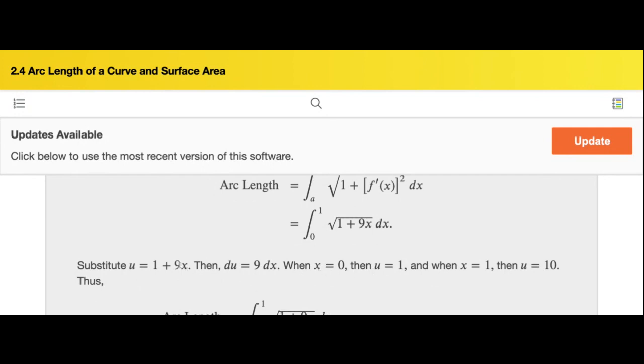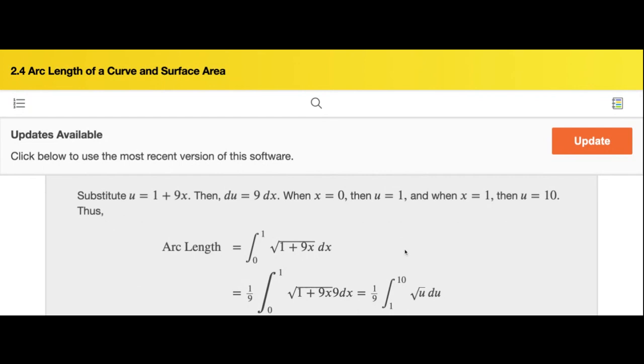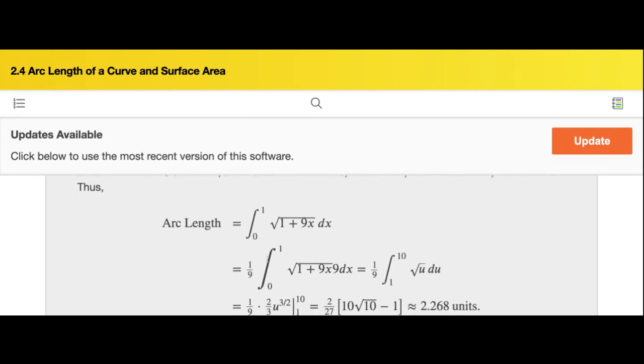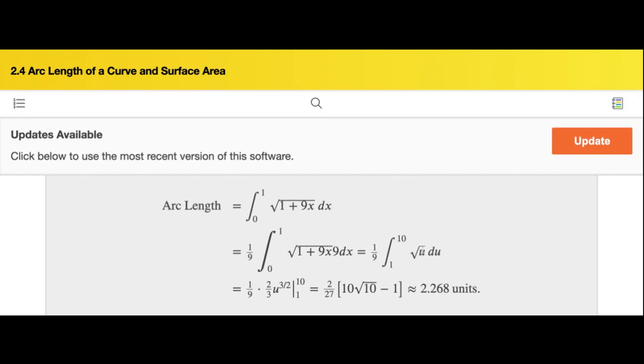When x equals 1, we have 9 times 1 plus 1, which gives u equals 10. So we can change our integration from x to u. We get a 1/9 because dx equals 1/9 du, right? We get 1/9 times the integral from 1 to 10 of square root of u du, right?